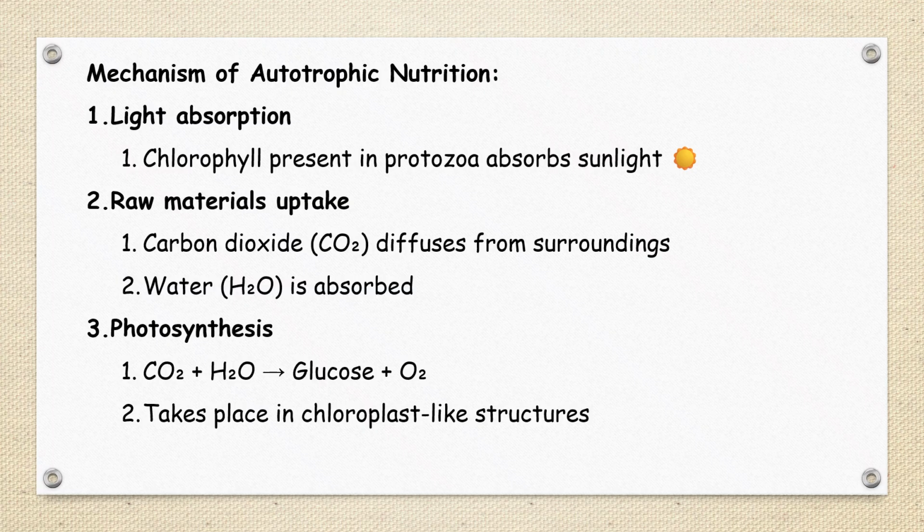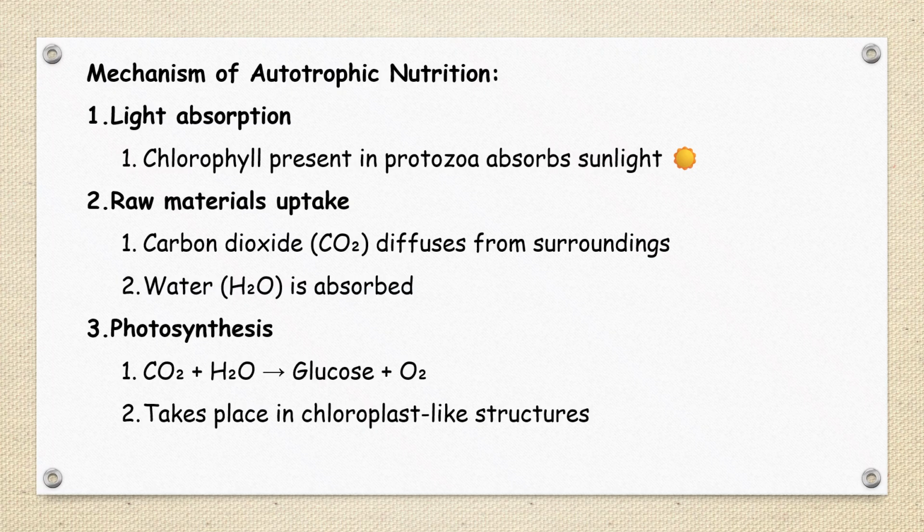In protozoans which exhibit this autotrophic type of nutrition, we can clearly see it step by step. So let's discuss how this nutrition happens in protozoans. First of all, they have chlorophyll, which is present in protozoans also, and which helps in absorbing the sunlight. The raw materials required for photosynthesis are CO2 as well as water.